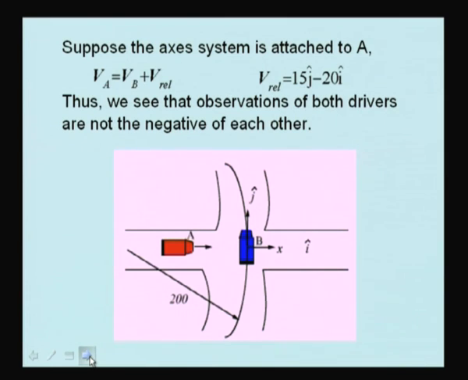Suppose the axis system is attached to A. Then VA is equal to VB plus VL. In this case, the axis system is not rotating, so there is no omega, omega is 0. Therefore, the expression comes out to be VA equal to VB plus VL, or VL is equal to 15j minus 20i.